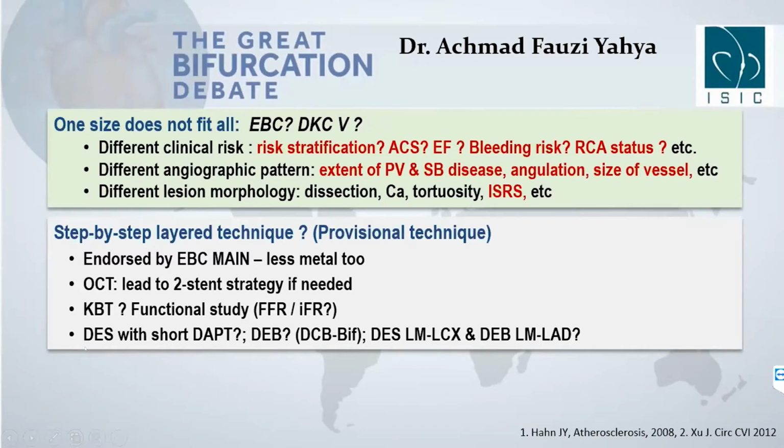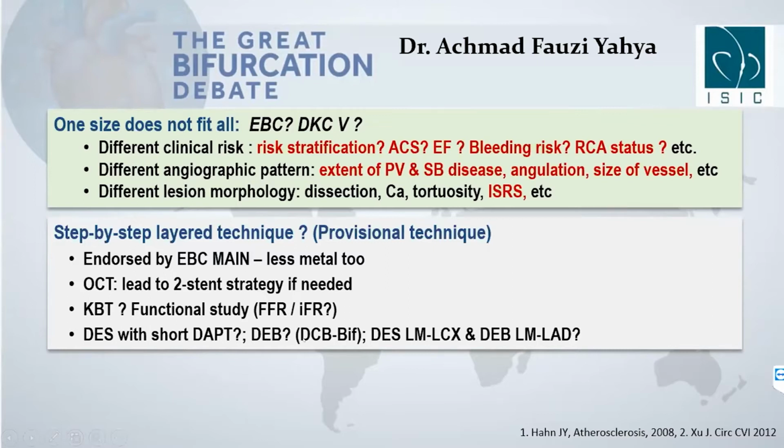Regarding the strategy, of course, there are several options already mentioned by the two speakers. Whether we can use DES with shockwave, for example, Onyx. For this, probably we need to implant the DES in the left main to LCx, because this is a very important vessel for the patient, and DEB in the left main LAD, or DEB in both branches.